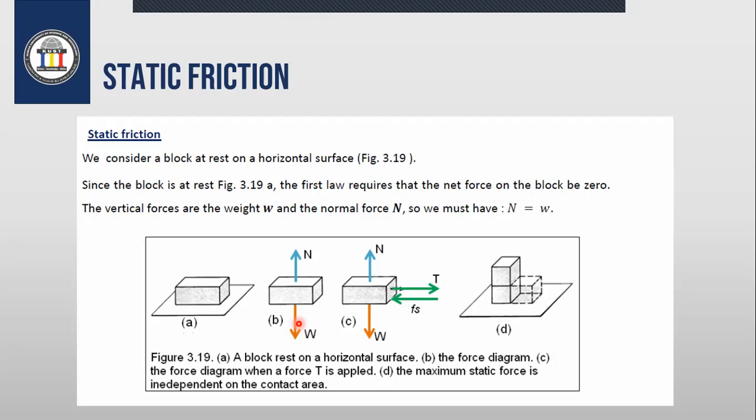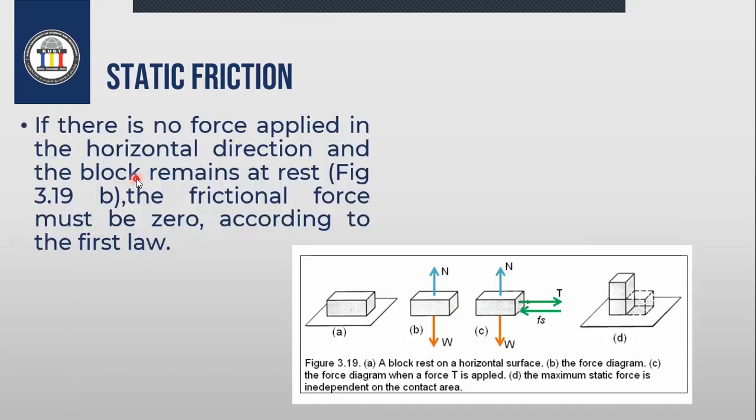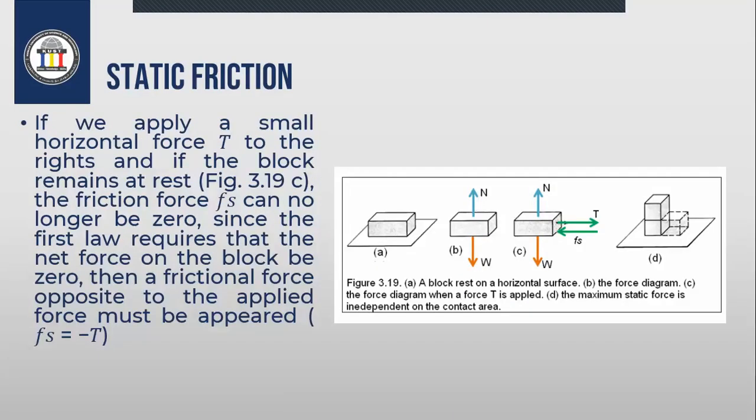If there is no force applied in the horizontal direction and the block remains at rest, then the friction force must be equal to what? Zero, according to the first law. So there is no horizontal force, and the friction force will be equal to zero.